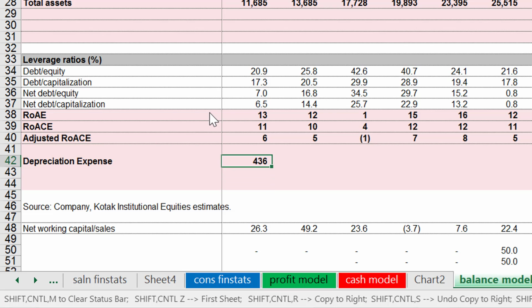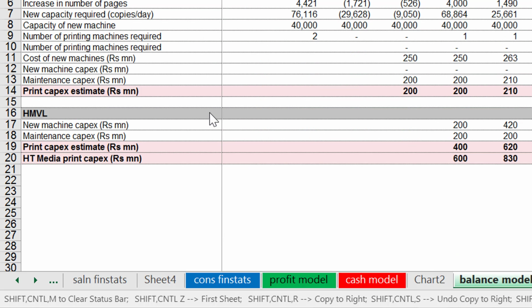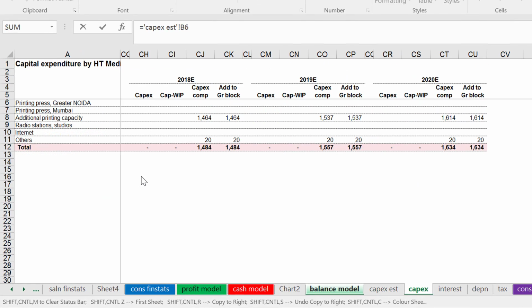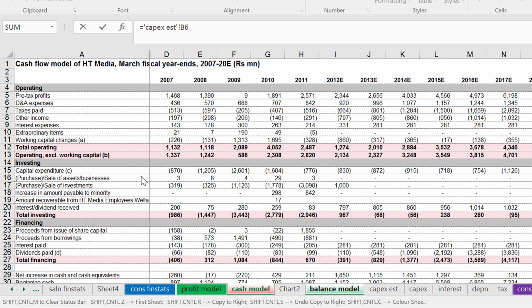Apparently, I'm supposed to multiply this by minus 0.1. So the depreciation expense is going up. And let's find the capital expenditures. And let's put this in. So the capital expenditure, he's got CapEx, but let's look at just the cash flow model.